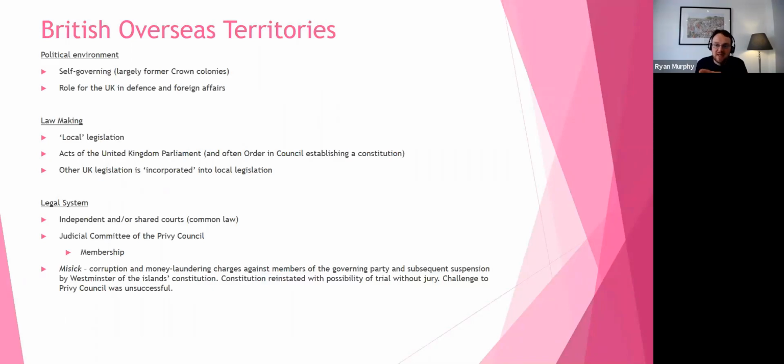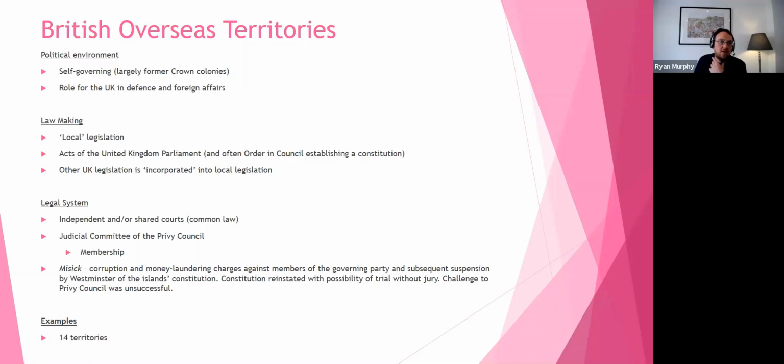But the point of this exercise is not necessarily to look at the very, very granular detail of the Mizik judgment, but rather to demonstrate to you the interconnectedness of jurisdictions, how one jurisdiction can influence other jurisdictions. And when we talk about the legal system of England and Wales, we need to put it into that broader framework of shared institutions and shared understandings, and in most cases, shared values.